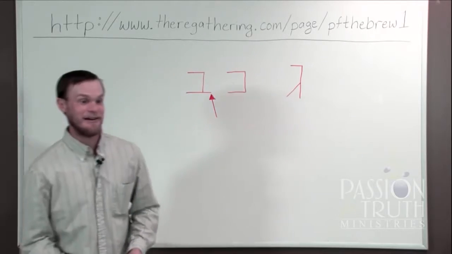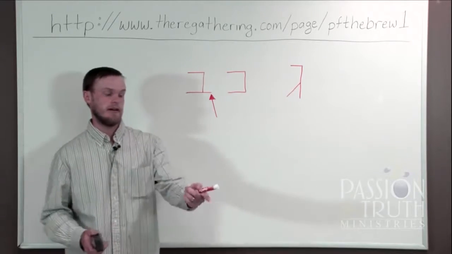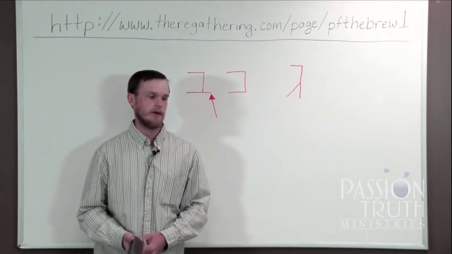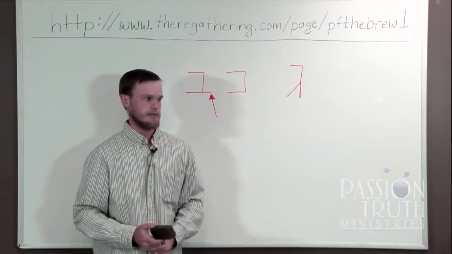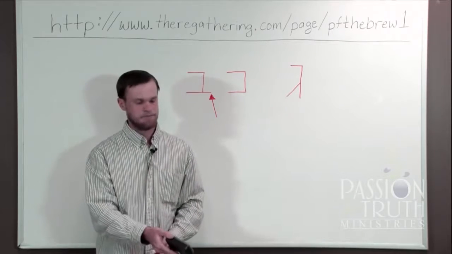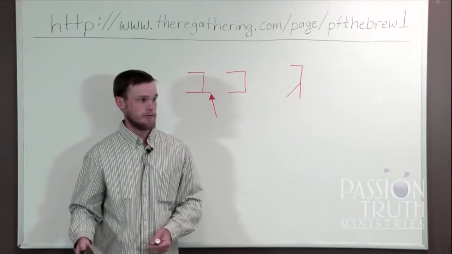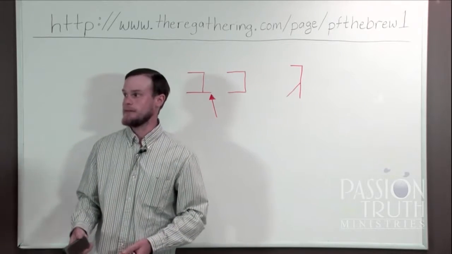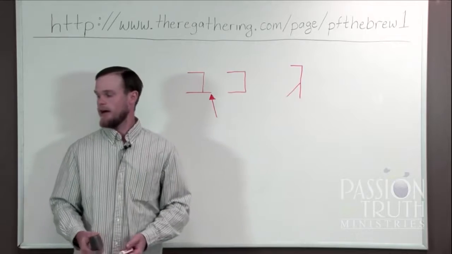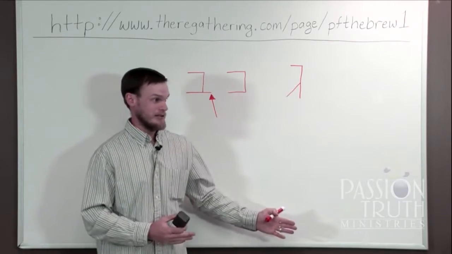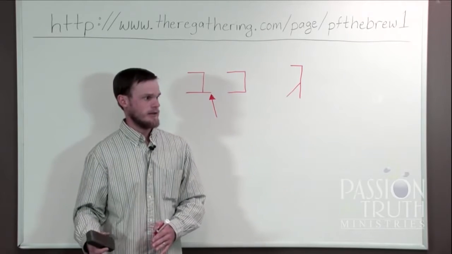So, believe it or not, there's a genealogy. Someone pointed this out to me a few weeks ago. There's a genealogy that's listed in Genesis, and the same genealogy is listed again in 1 Chronicles. And you'll notice that one of the names in that genealogy is spelled one way in Genesis and it's spelled a different way in Chronicles.